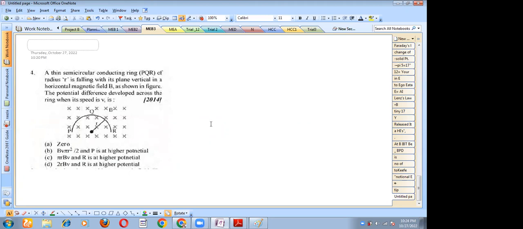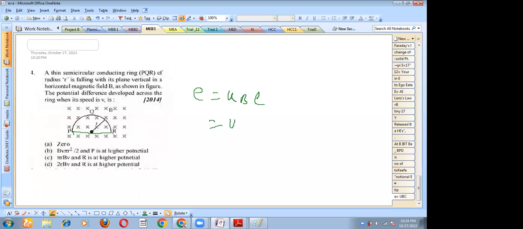So the same concept is there. A ring, a conductor of semicircular shape, is moving through the magnetic field, right? So as I told you, the EMF will be induced and we have to take the displacement length. We will apply the formula E is equal to VBL.